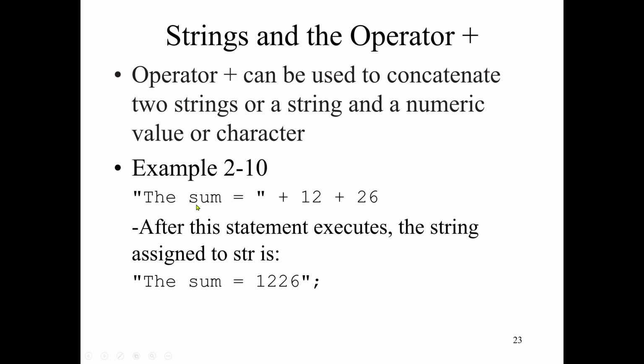So that's a string. Now to my right, I have values, but because to my left I have a string, this plus may act as a join operator, which we call the concatenate operator also. So the output will be the sum equal to 12, 26. We join the 12 and 26 together.